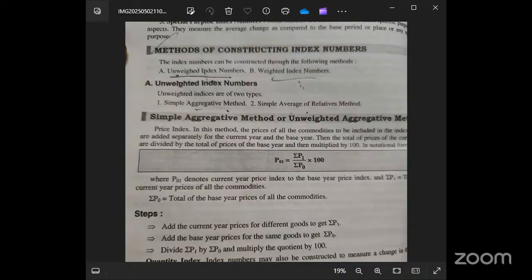So here we'll have a base year and we have some formulas.